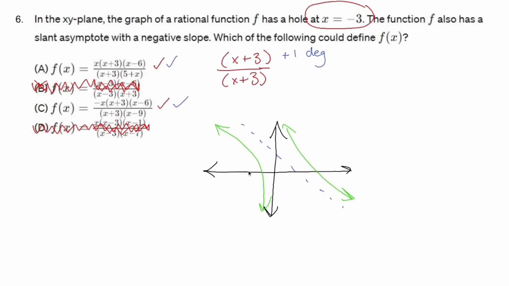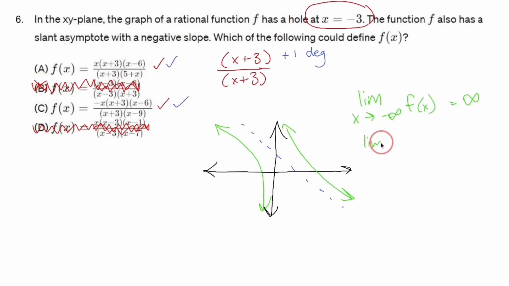And so what am I looking at for a picture like this that has a negative slant asymptote? Well, if I were to look at the end behavior, that might help me figure out which of these will match. The limit as x approaches -infinity of this guy that I just wrote out, it's going up, so it's going to approach positive infinity.